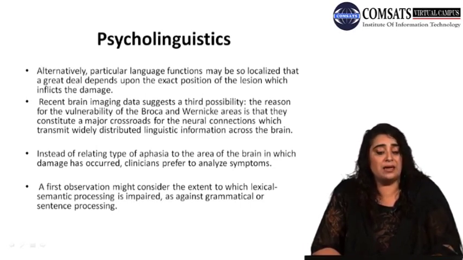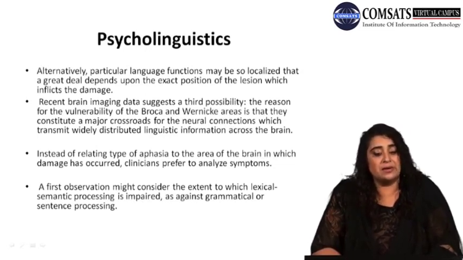Recent brain imaging data suggests a third possibility. The reason for the vulnerability of Broca's and Wernicke's areas is that they constitute a major crossroads for the neural connections which transmit widely distributed linguistic information across the brain.